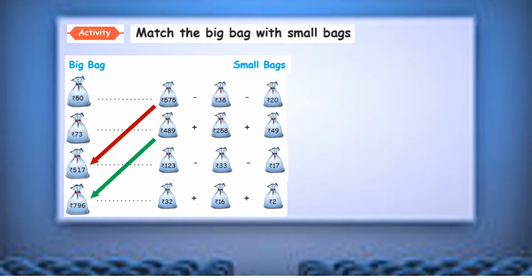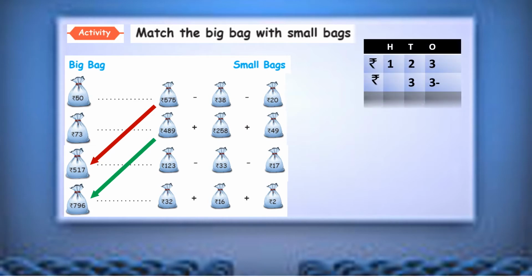So let us focus on the third one. Rupees 123 minus 33. 3 minus 3, 0. Then 2 is not enough, isn't it? Just cancel it and get support from the hundreds column. Only 1 hundred is there. If we give it to the tens, the hundreds column has 0.